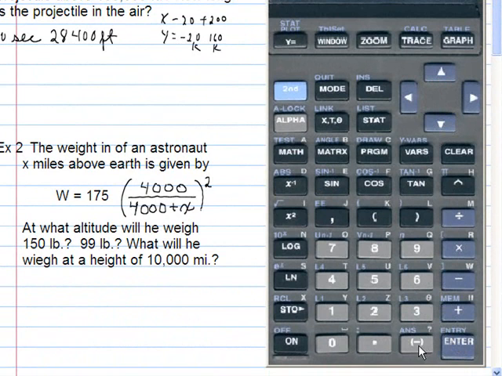Our window went from -20 to 200 with a step size of 20, and then it went from -20,000 to 160,000, again with a step size of 20,000, so that would do it. Put in the graph.